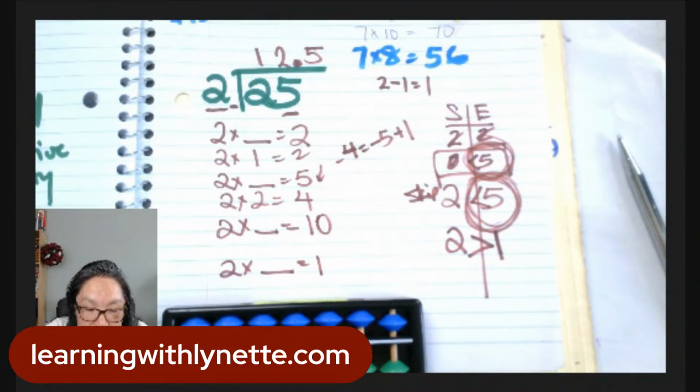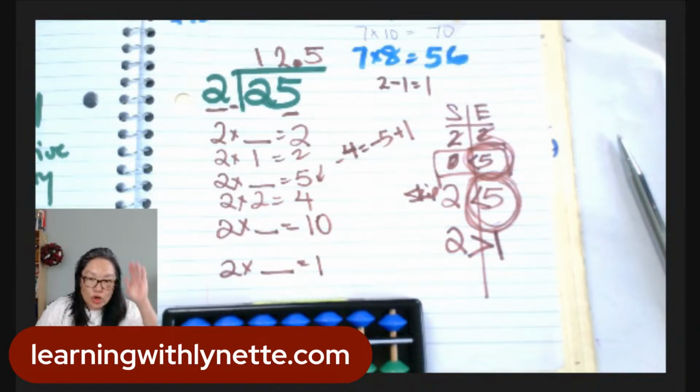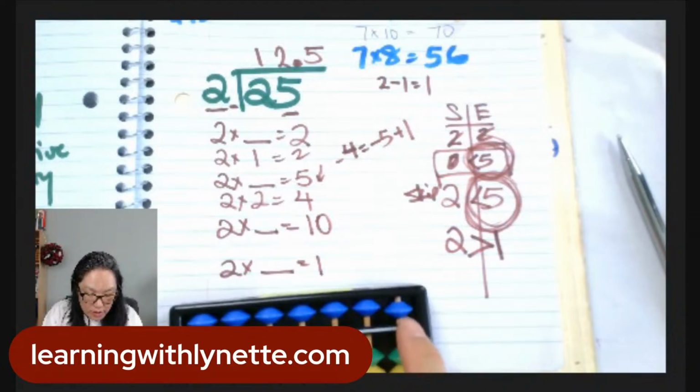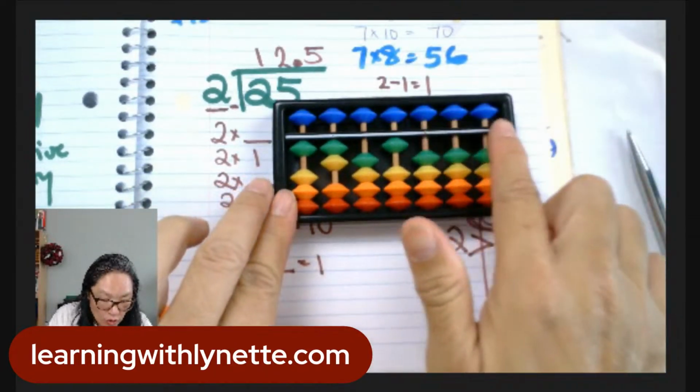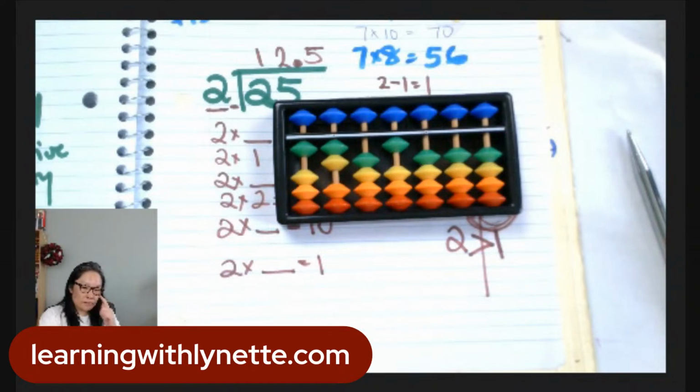Yes, you always add a 0 because that's a place value, right? If there's no more, then you add a 0. If there's no more, you just add zeros. Does that make sense?